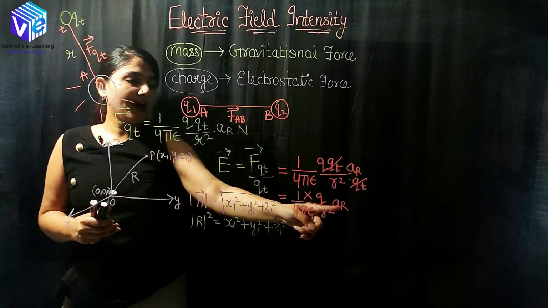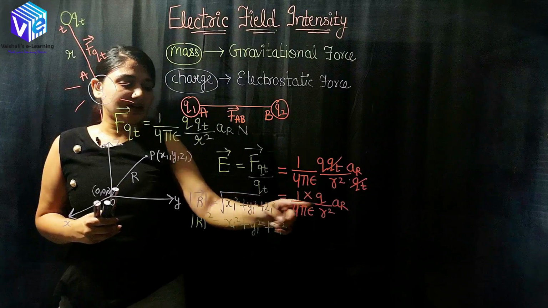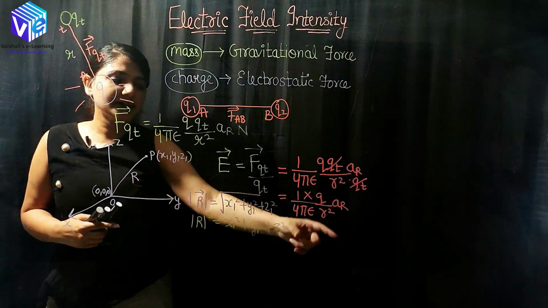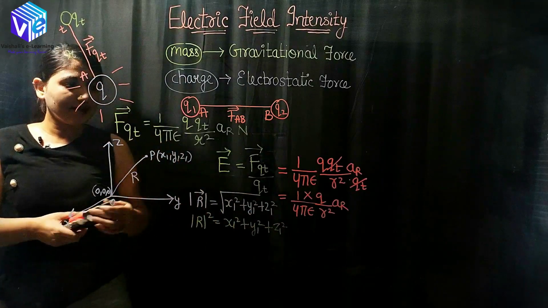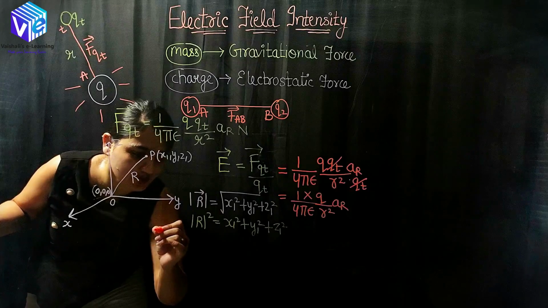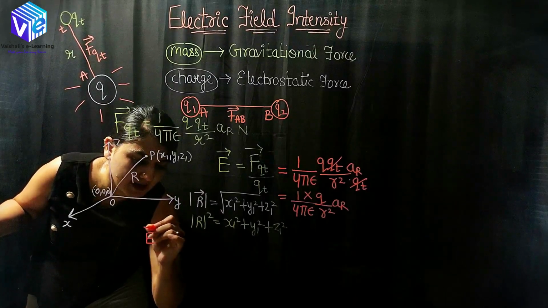Now I need to find the unit vector. If I divide the vector R by its magnitude, I will get the unit vector. Let's put all the values in this equation. What would be my E?